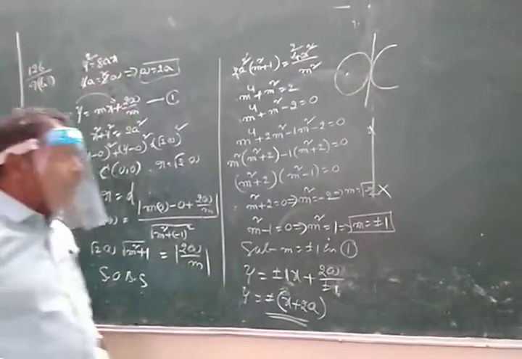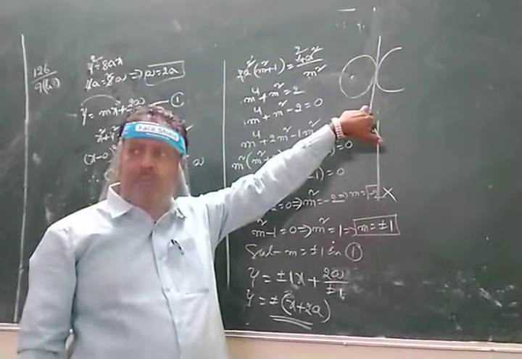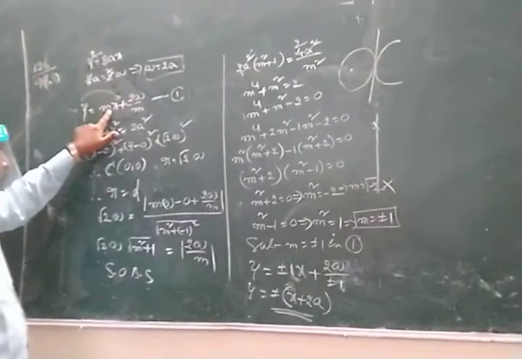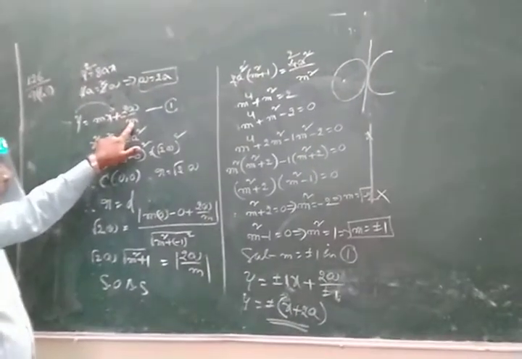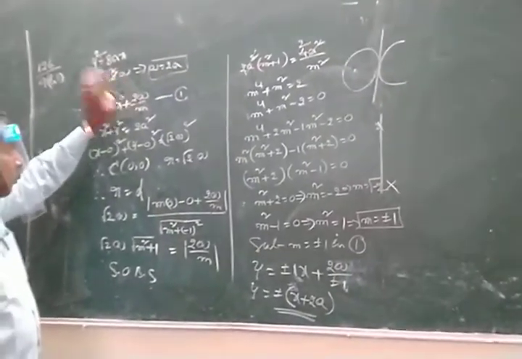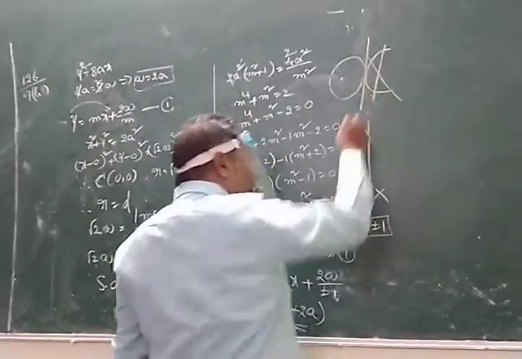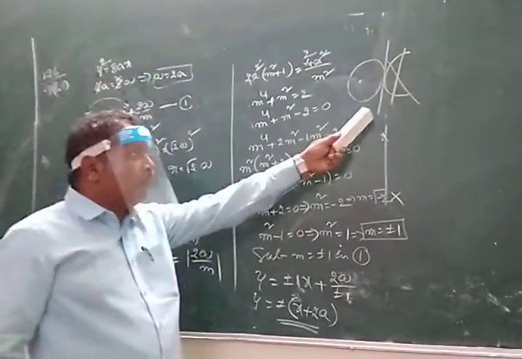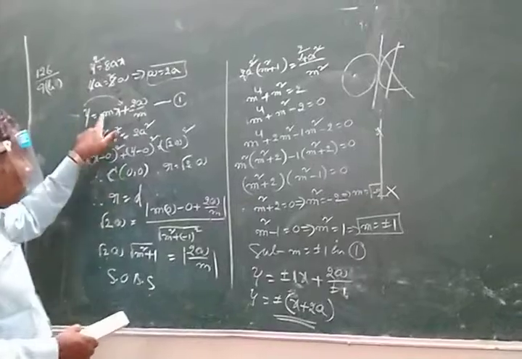Take the equation of the tangent in the slope form: y equal to mx plus a by m, where a value is 2a, so 2a by m. Parabola part is over.